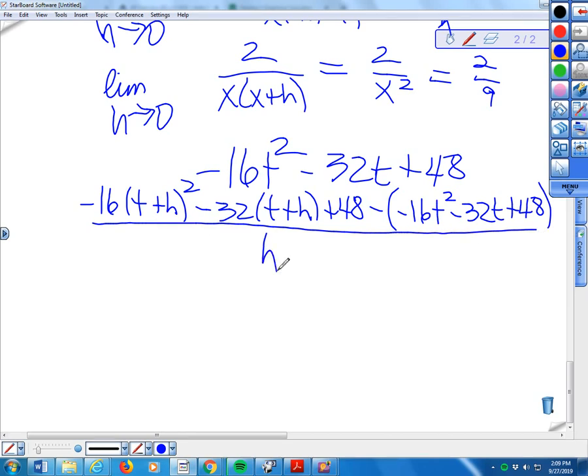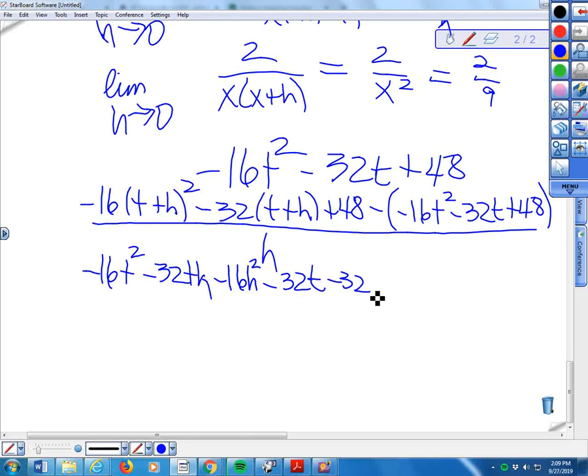So this ends up being -16. I'm going to do two steps here in one, because this is t squared plus 2th, so that's minus 32th plus minus 16h squared minus 32t minus 32h plus 48 minus plus 16t squared plus 32t minus 48. So my 48 cancels, my 32t cancels, my 16t squared cancels.